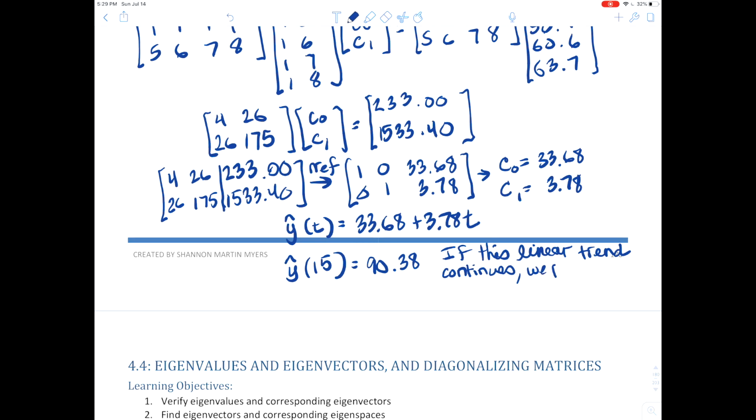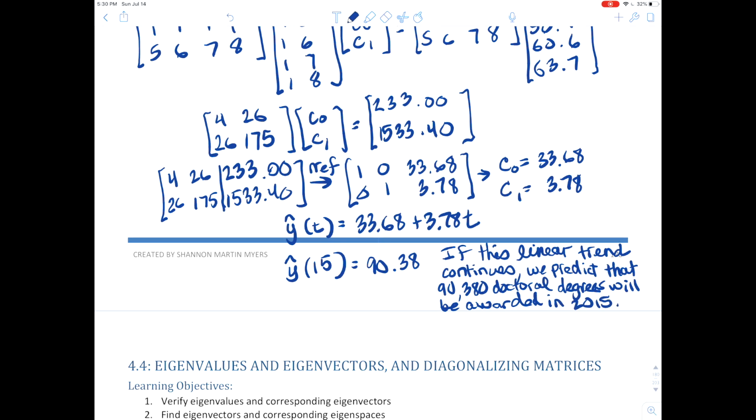So if this linear trend continues, let's answer the question. We predict that 90,380 doctoral degrees will be awarded in 2015.